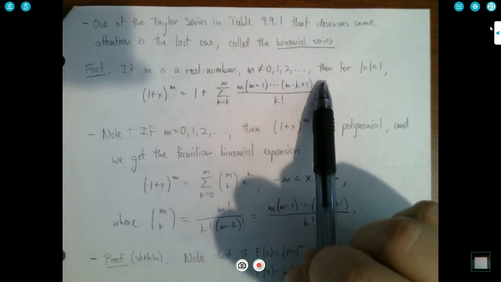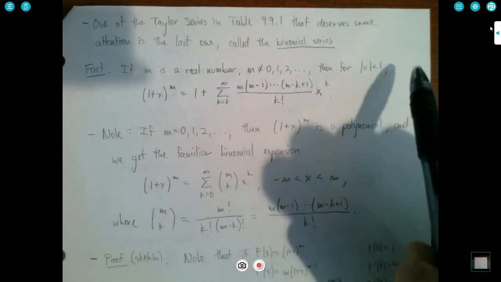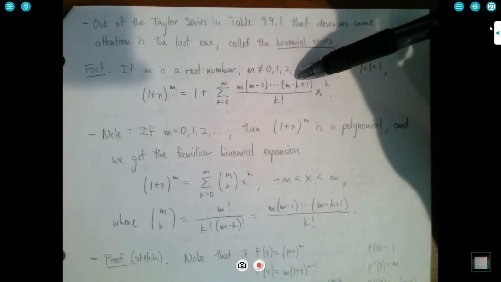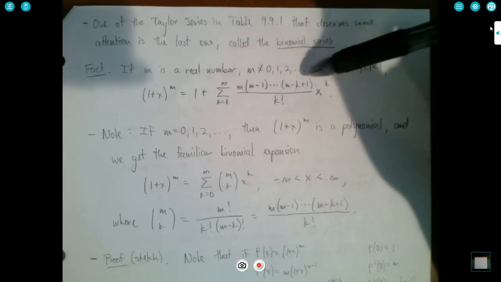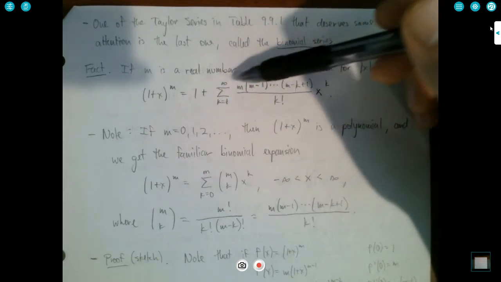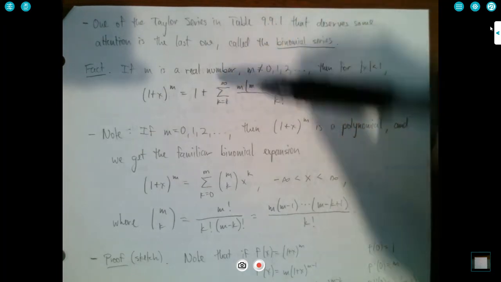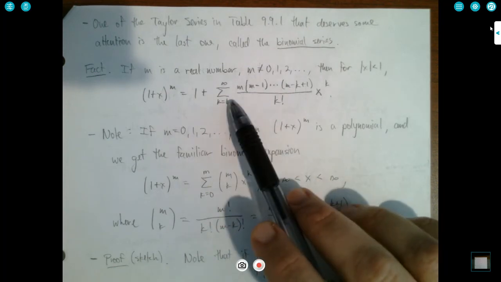And so then that just goes away. And if k is 5, then from k equals 4 onwards, you're always going to have a 0 in the numerator, and everything's going to cancel off anyway. And so this is just going to end up being a finite sum if m is a positive whole number.